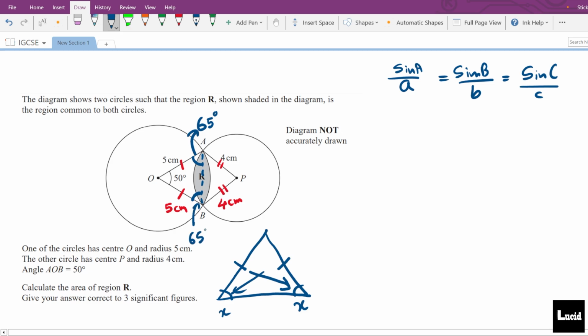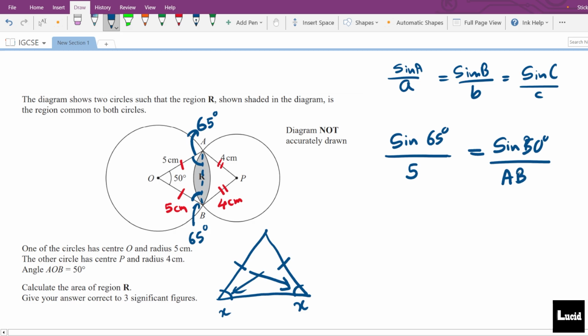Now you can use the sine rule. Sine 65 divided by the opposite side, 5 centimeters, equals sine 50 divided by the opposite side, AB, which is what we are going to find.